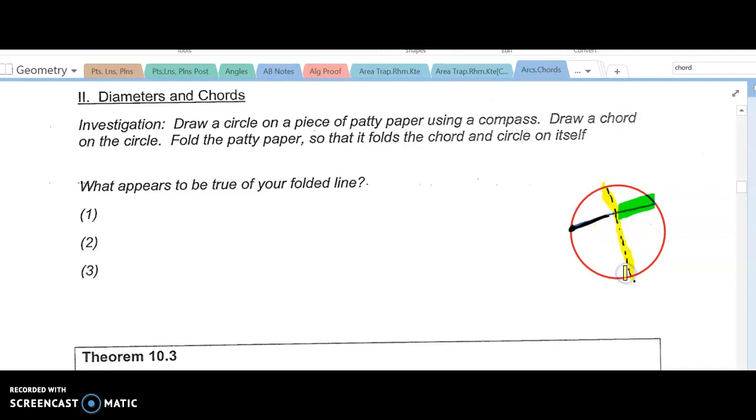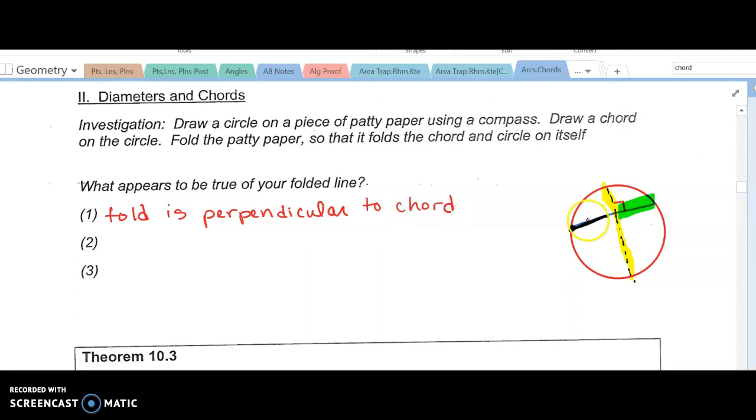And then we would have unfolded the paper and made some guesses about what is true of this line right here. And I think maybe you can just tell from the way that it's drawn some things that we observed, that it does appear to be a 90-degree angle. So the fold is perpendicular to the chord.